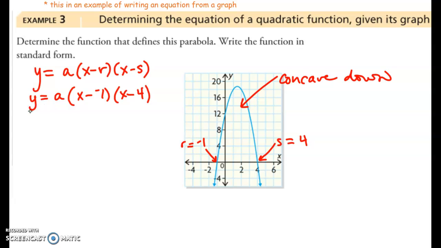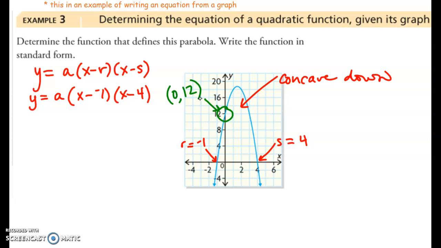You can see that in this equation we have variables x and y and a. a is what we want to find. x and y we can replace with numbers. Let's pick any other point on the graph, and this is the easiest point to see, that y-intercept. The coordinates there are 0, 12.